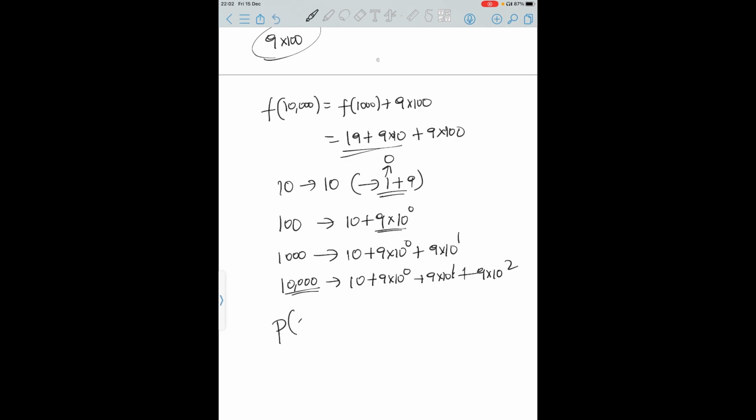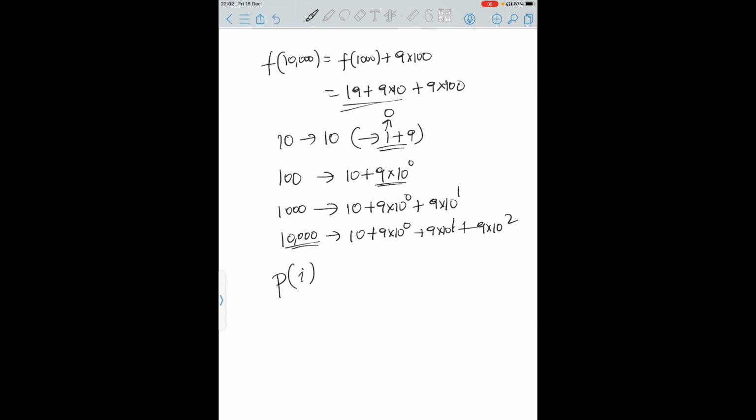It takes i as input, and it tells us the number of such numbers satisfying the property from 0 to 10 power i. We saw that p of 0, that is until 10, has the value 10, and p of 1 is 19.